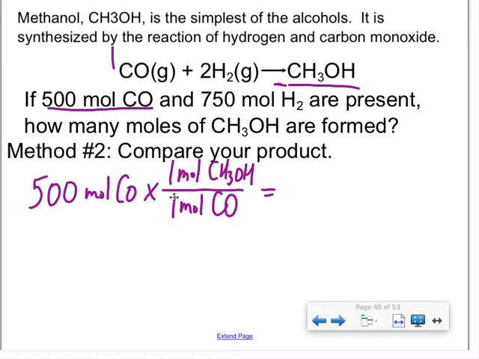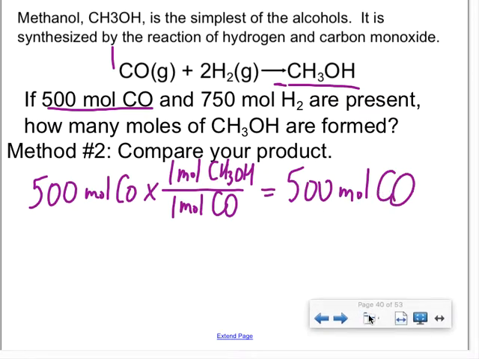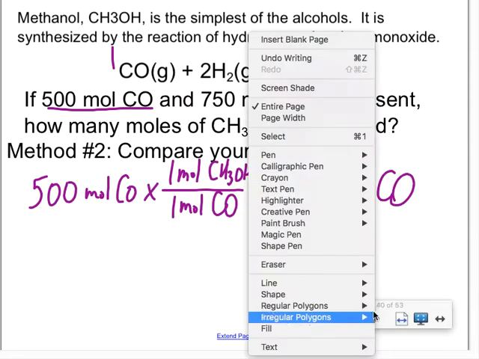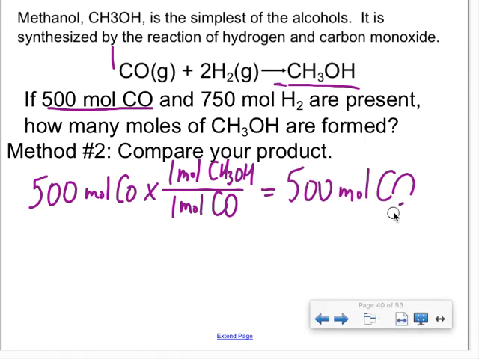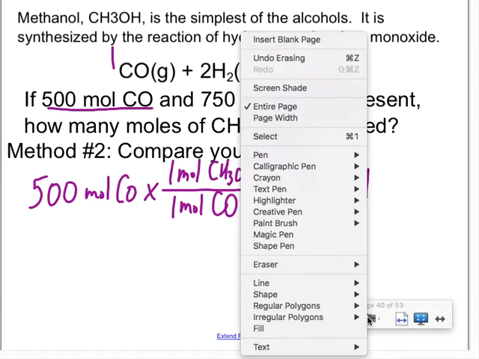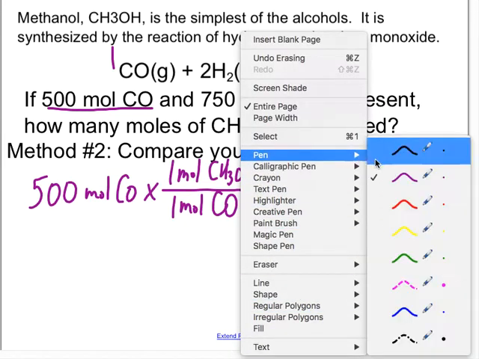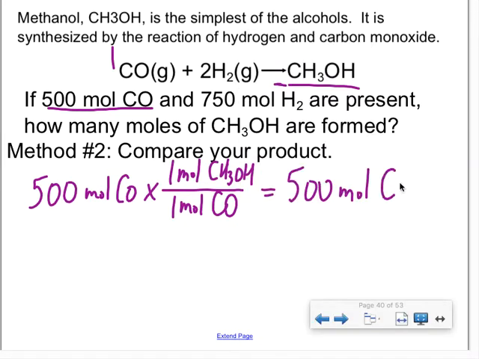So I multiply across, I get 500 moles of methanol, CH3OH. Okay, so that's for my first reactant.